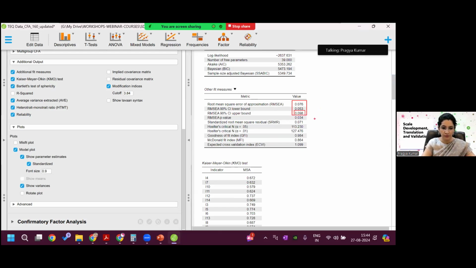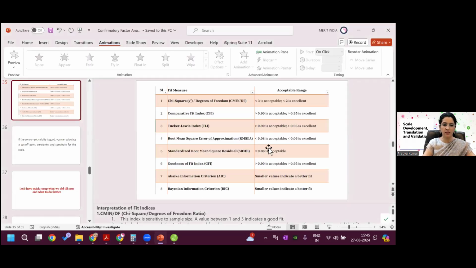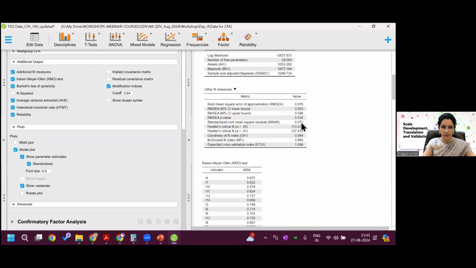Then the SRMR, its value is 0.07. If you see this reference, SRMR less than 0.08 is acceptable. So since it is 0.07, it is acceptable.